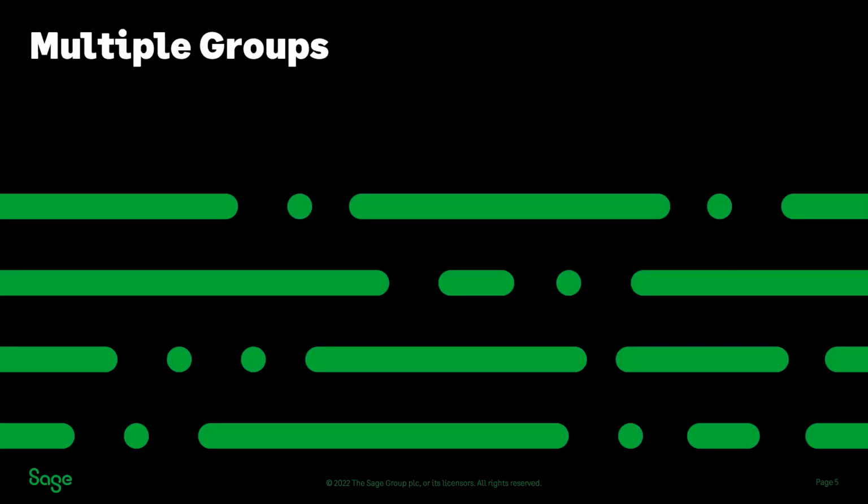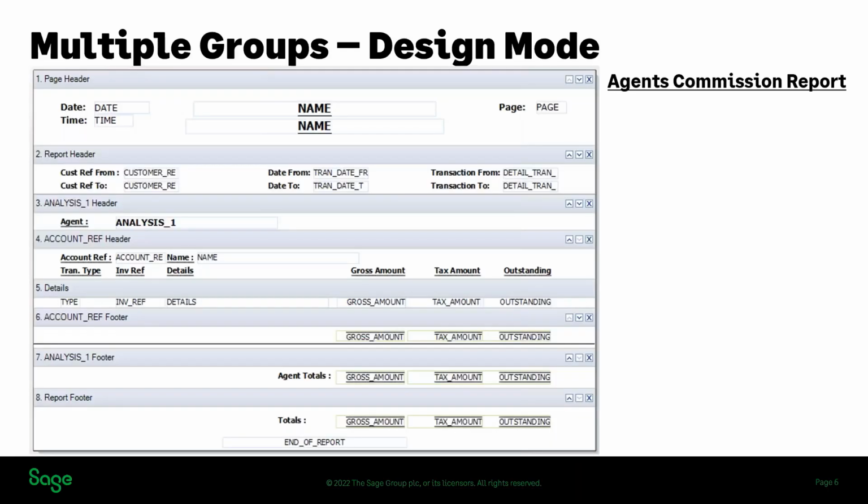In the last session, we explored reports without groups and how to add a single group to a report. Let's take a look at an existing report with multiple groups so I can explain how the report is structured before I show you how to create one. So this slide is the report design of the Agent's Commission report from Customer Reports.